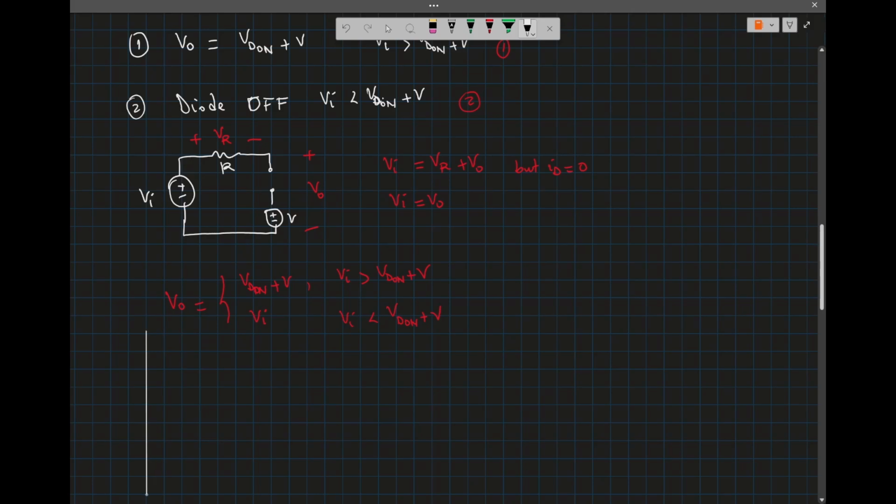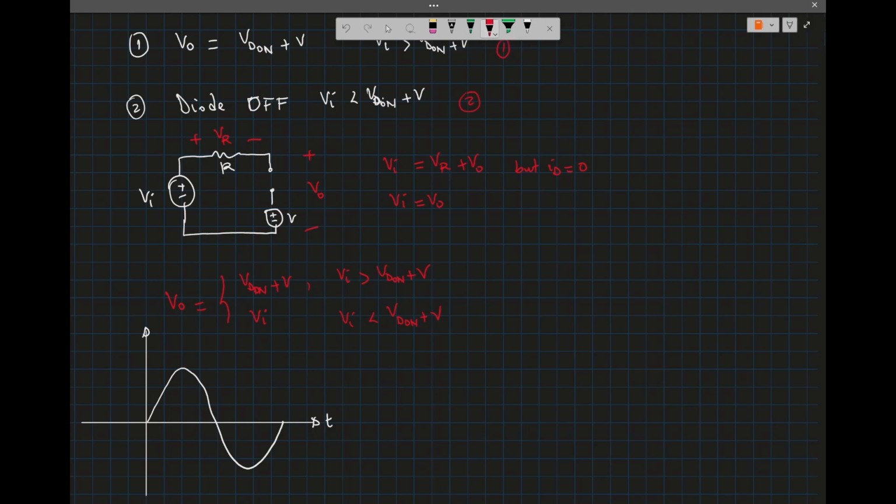So let me sketch the input voltage. As I said, the input voltage is a sine wave, so we have this sine wave over one period.